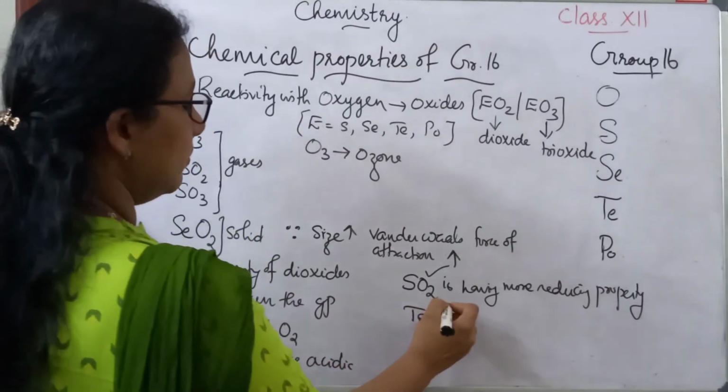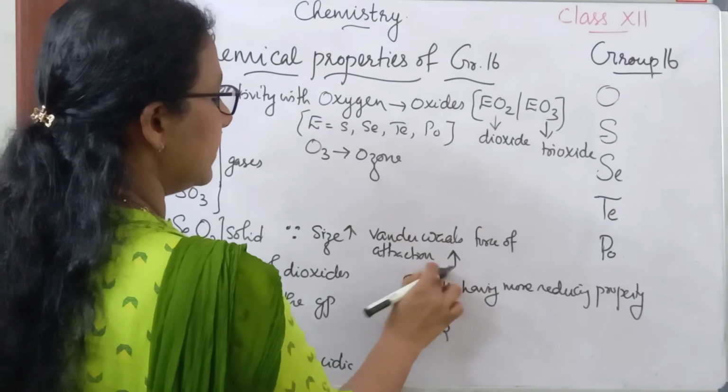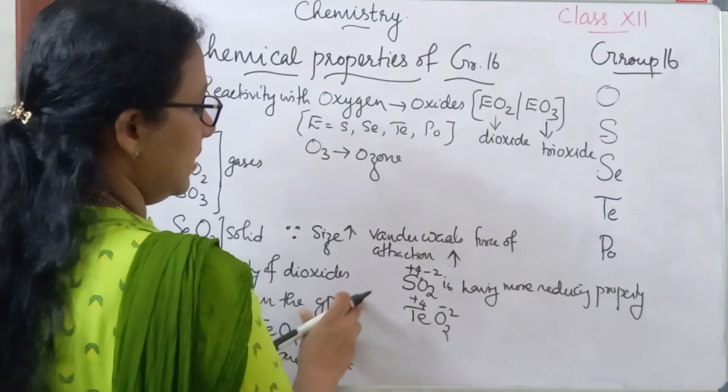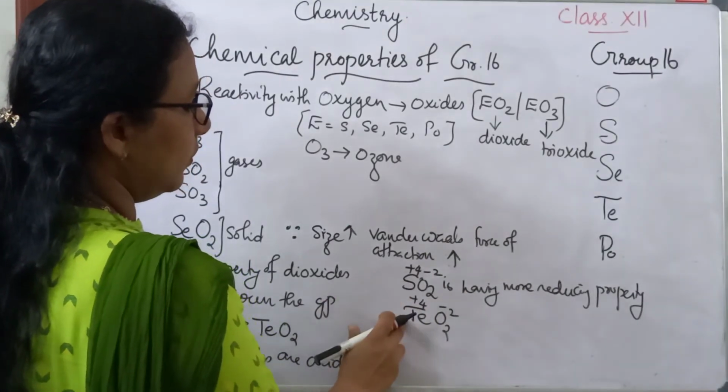In this case, oxygen is having -2 oxidation state and the other element will be having +4 oxidation state. So in both cases, there will be +4 oxidation state.